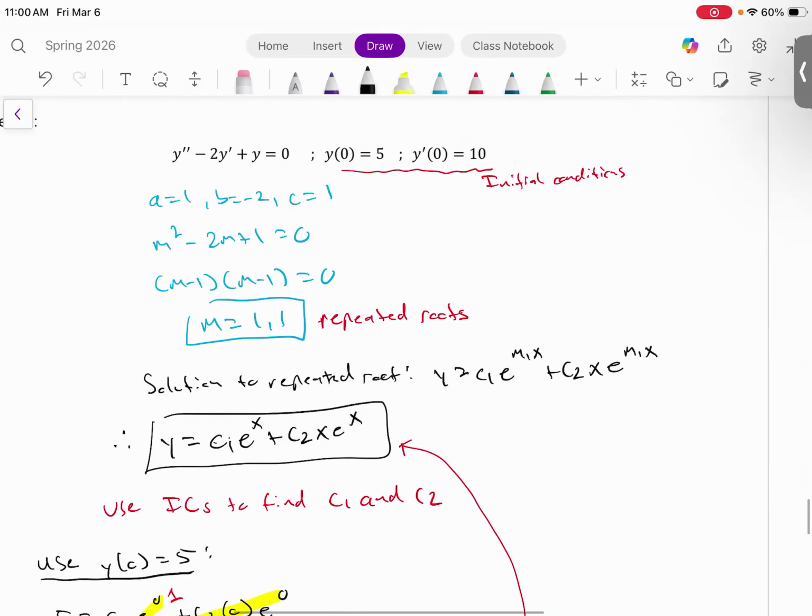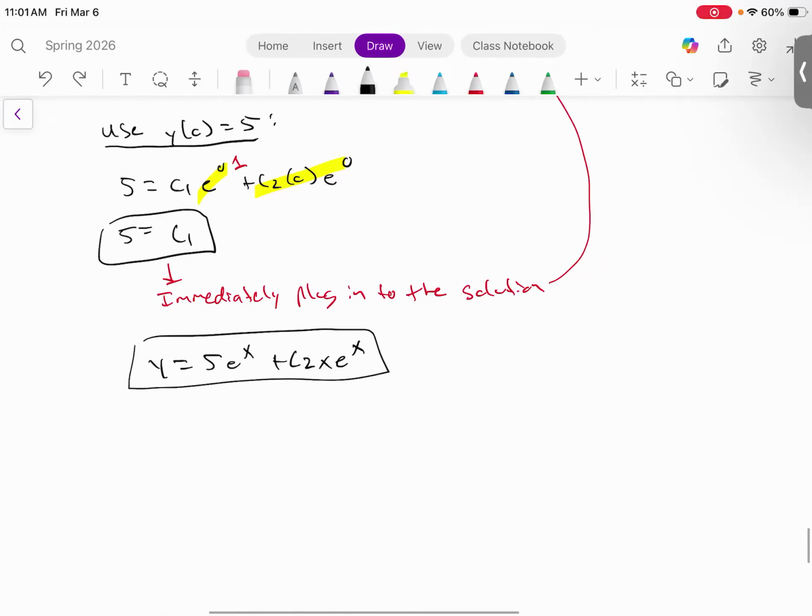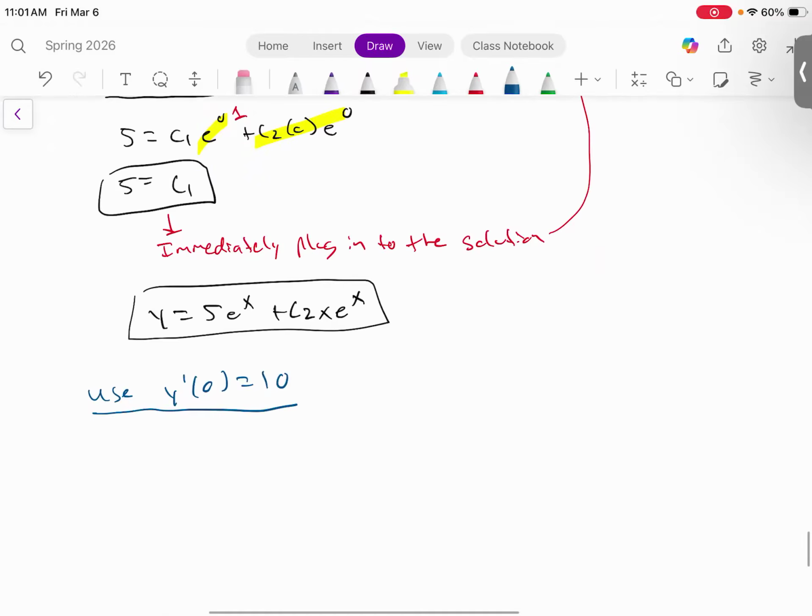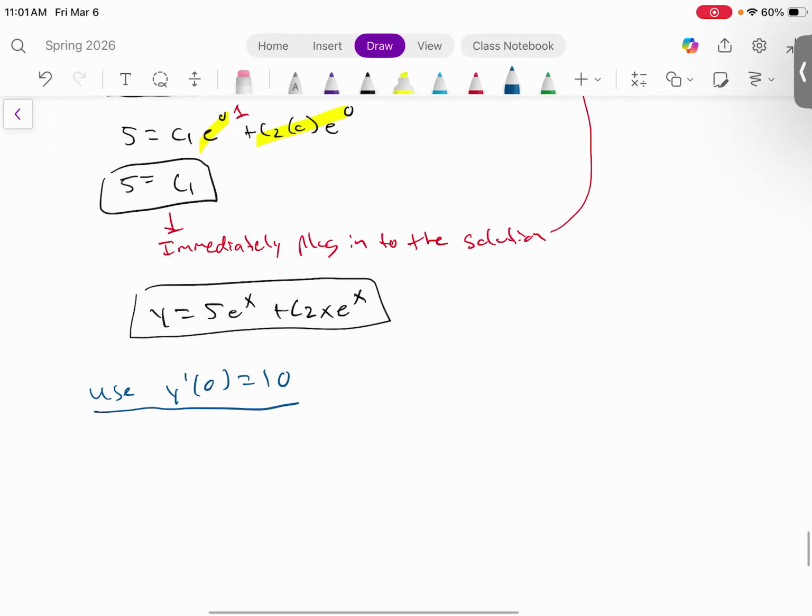And so I still need to figure out what C2 is. I'm going to use my second initial condition here, but it says y prime, so I got to find the derivative. So I'm going to use y prime of 0 equals 10. In order for me to use this, I got to use the product rule. Remember, product rule is f g prime plus g f prime. I got to use a product rule for this x e to the x.